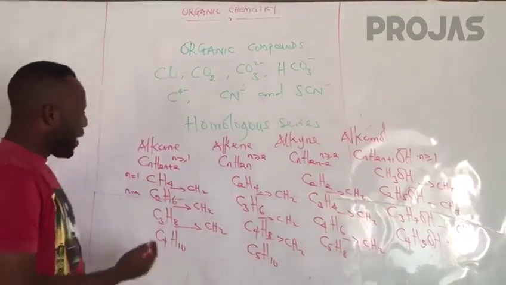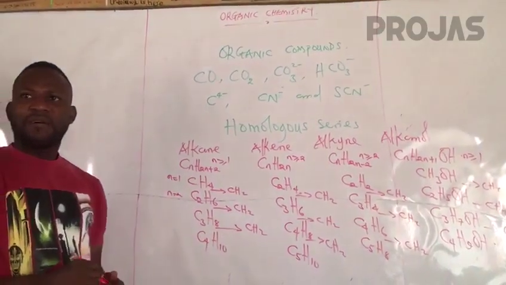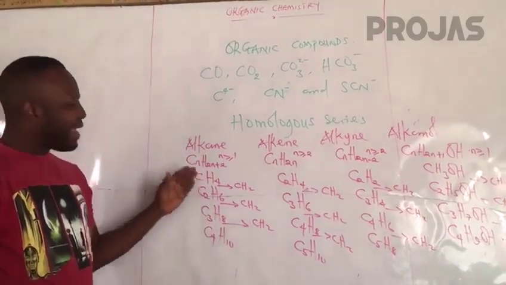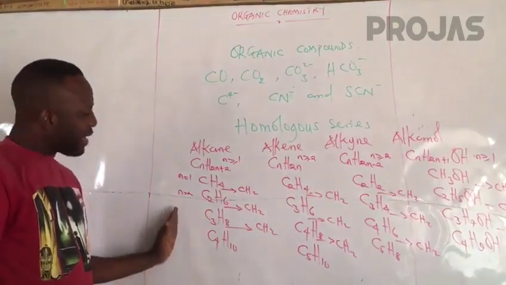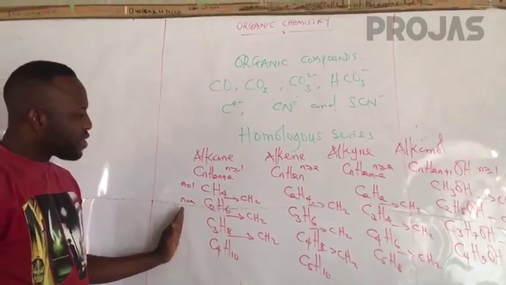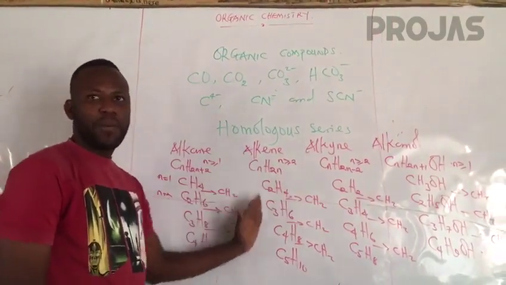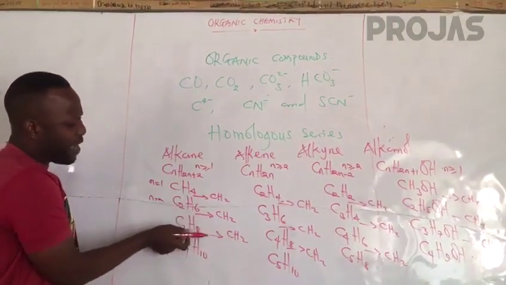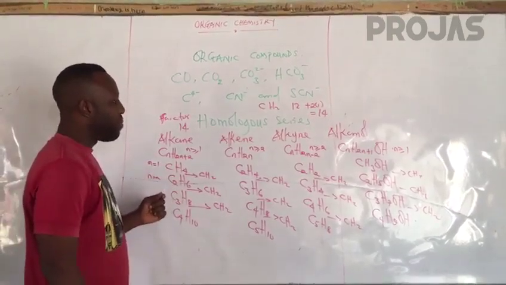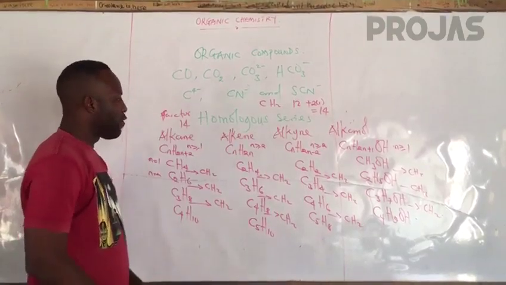So, by so doing, we can say homologous series are families of organic compounds that follow a regular pattern and have the same functional group and similar chemical properties, in which each successive member differs by the unit CH2 or factor 14.